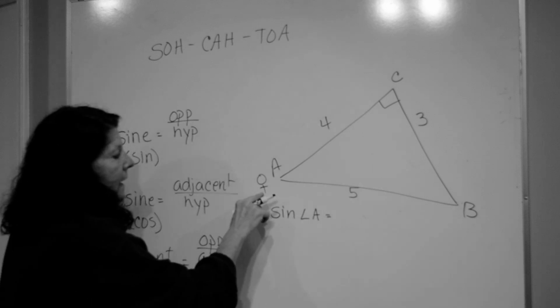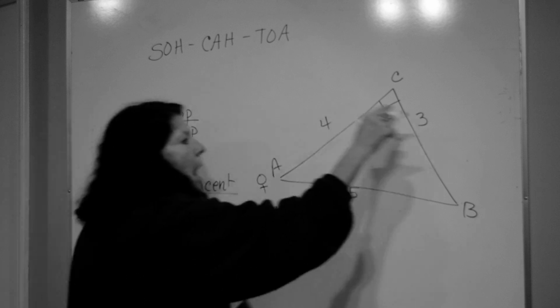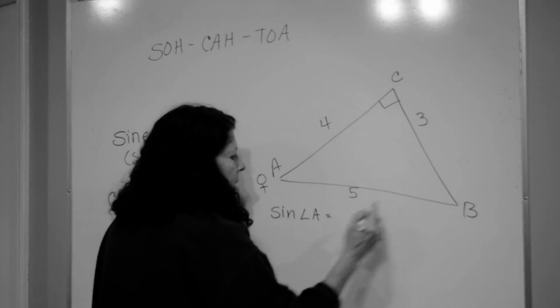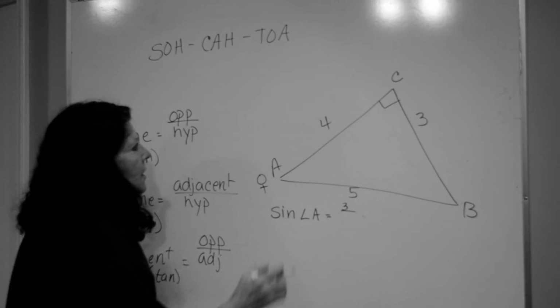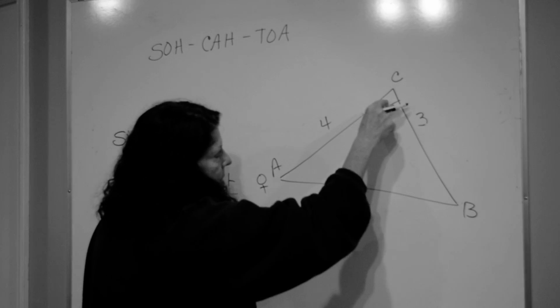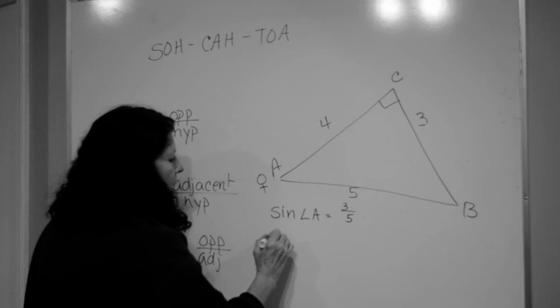So the sine of angle A means I'm standing here. The opposite side would be this one, which is 3, which means if I'm standing at A, I cannot reach out and touch it. The hypotenuse, side opposite your right angle, is 5 on this one.